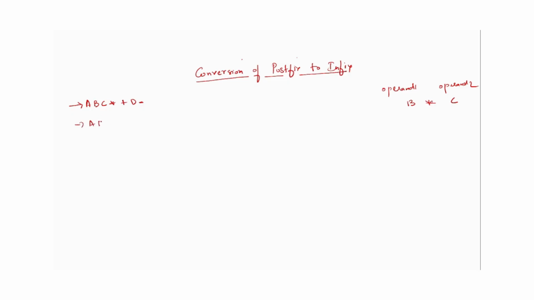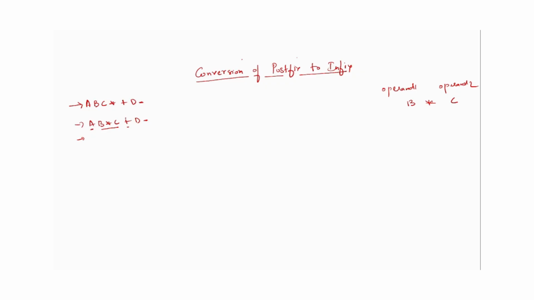I'll write here A, B star C plus D minus. Again we will scan from left to right. Here I have B star C, so I place B star C here. Now A will be one operand, B star C will be the other operand, and I have plus.